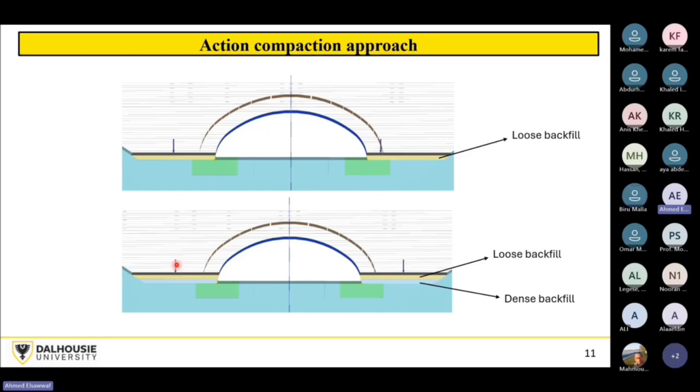And as you see here, this process will be repeated until you reach the desired soil cover over the crown. If you want to, you can have, if you see here, there are some loads here which are simulating the truck loads.